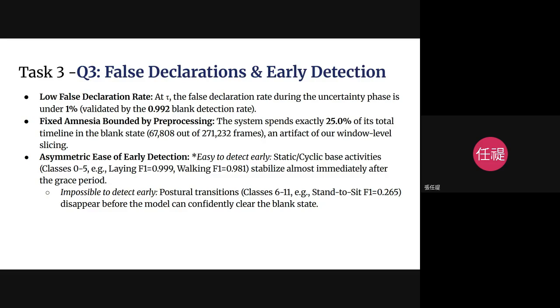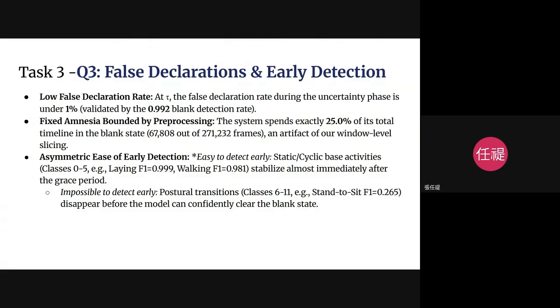Okay, question 3: how often does the model make false declarations, and how long does it stay blank? Thanks to our training recipe, the false declaration rate within the gray zone is under 1%, as shown by our 99.2% blank detection score. The model spends exactly 25% of its time in the blank state, which is a direct reflection of our padding: 32 frames out of the 128 frames window.